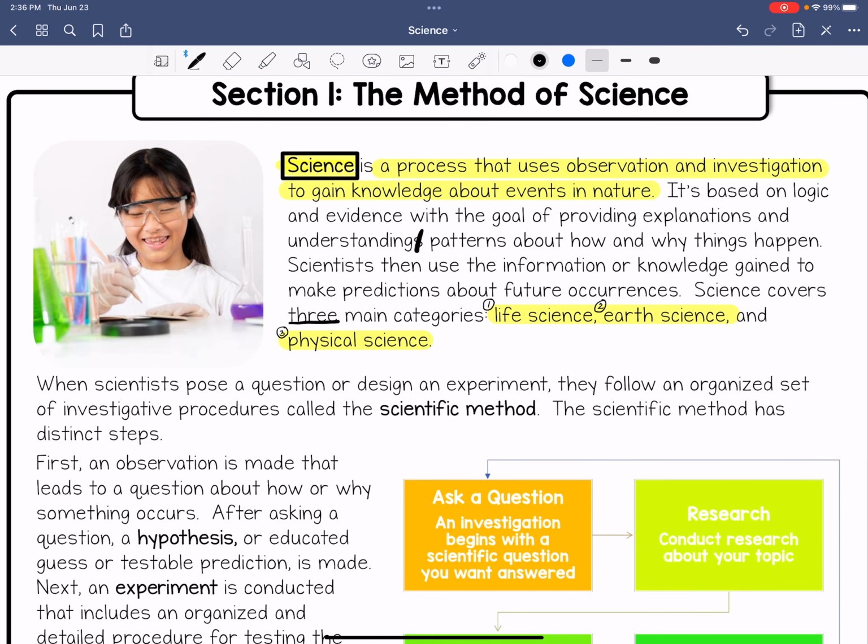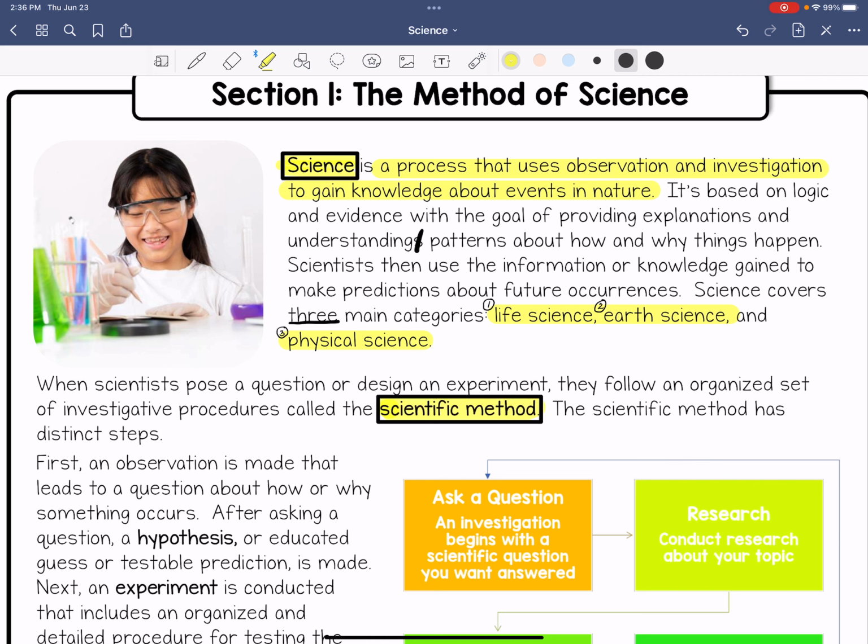When scientists pose a question or design an experiment, they follow an organized set of investigative procedures called the scientific method. So here's another vocabulary word that I need to mark. And I like to put a box around those just for my own knowledge. And I'm looking for a definition here.